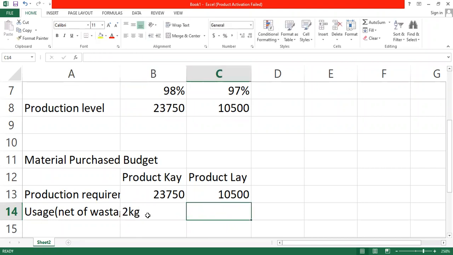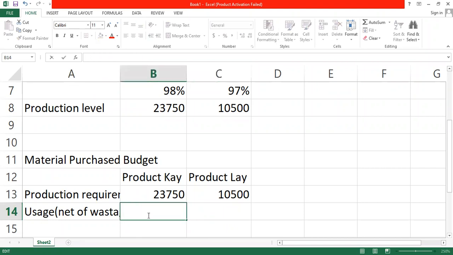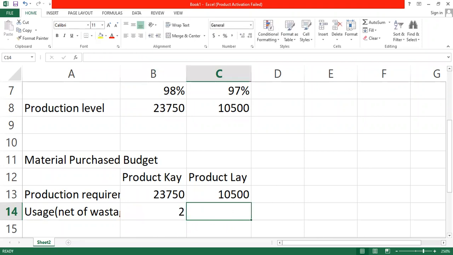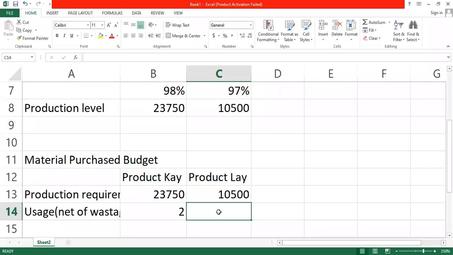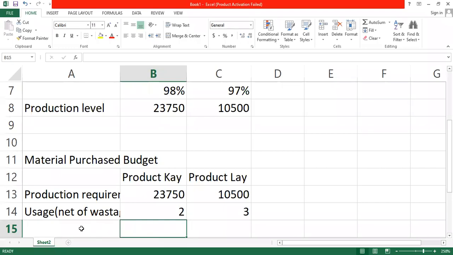And this one is how much? 3 kg, isn't it? Okay. So what will be the value? What will be the total material usage after the wastage? After the wastage, what will be the requirements?